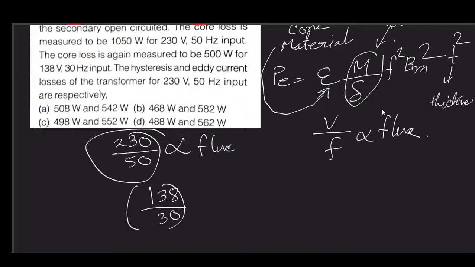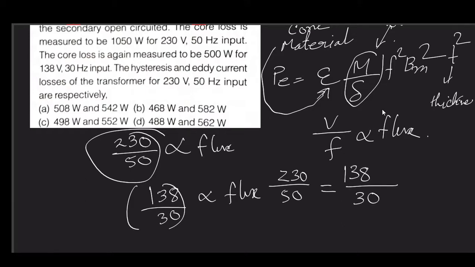That gives us the same value, meaning the amount of flux is equal. What I am trying to say is that the ratio 230 by 50 is equal to 138 by 30. So Bm is also constant.